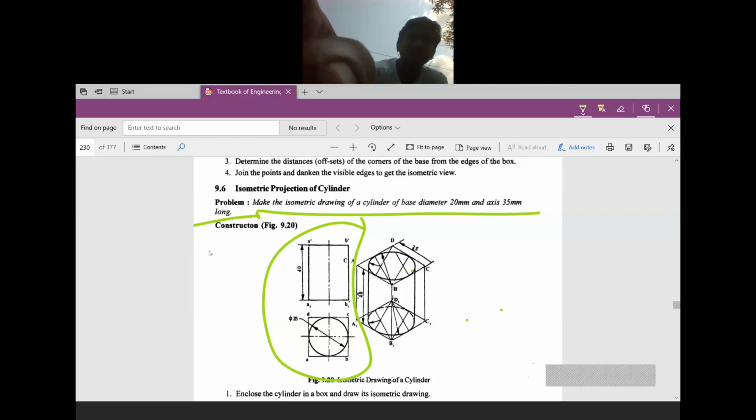So first, he has given diameter as 20 mm and axis as 35 mm.